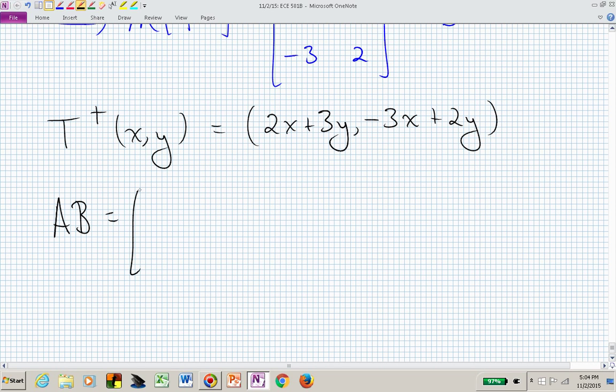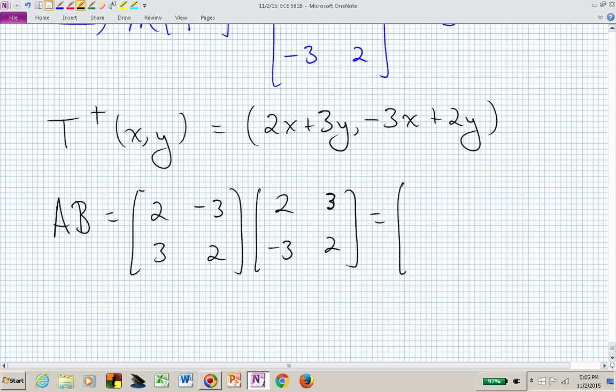What's AB if we multiply those together? A was 2, minus 3, 3, 2. And B was 2, minus 3, 3, 2. So that the first column is twice the first column and minus 3 the second column, so that we now have 4 plus 9 in the 1, 1 entry, and in the 2, 1 entry, we have 6 minus 6, or 0.